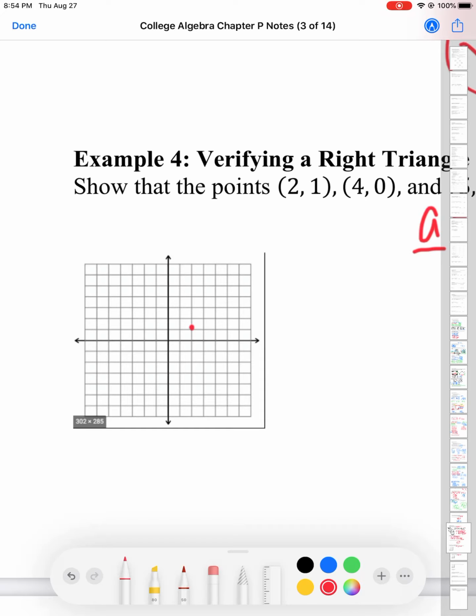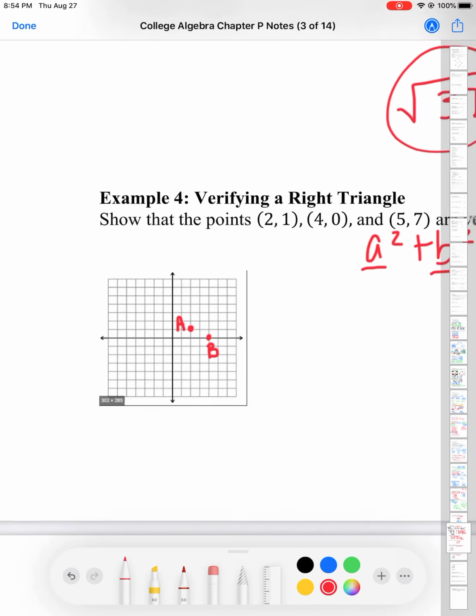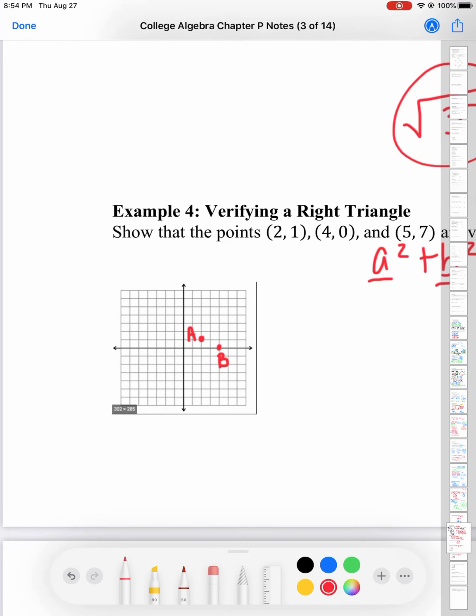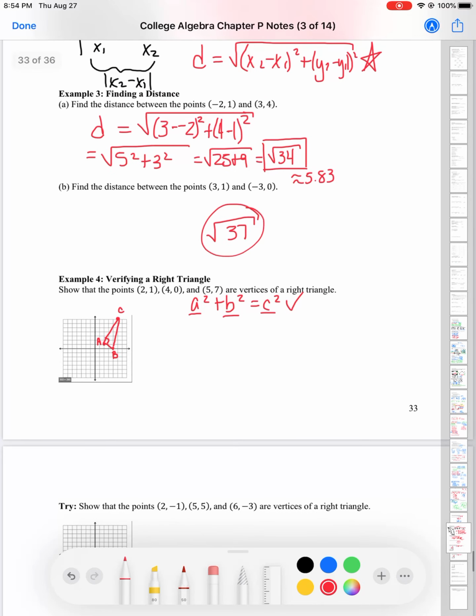If I graph it just for a visual, (2, 1), and let's say that's A, (4, 0), that could be B, and then (5, 7), that could be C. We need to verify that. So we need to find the distance from A to B, from A to C, and from B to C.